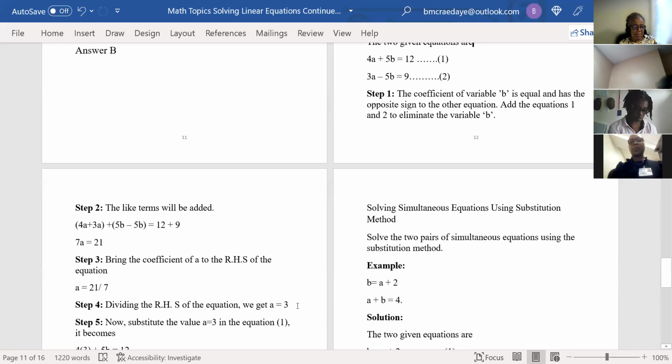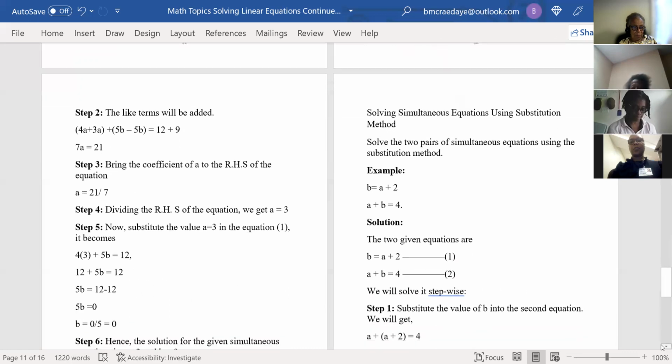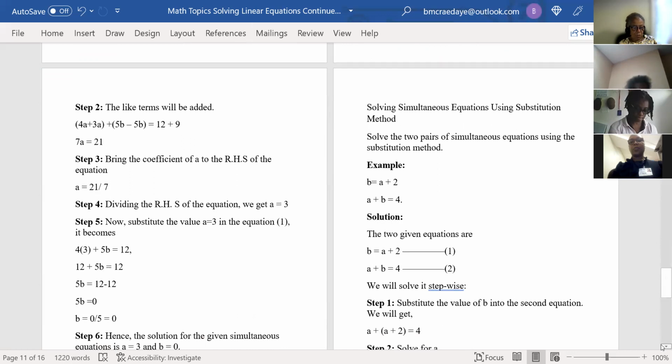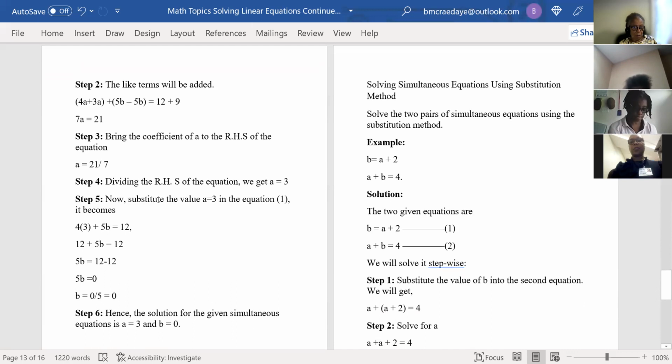Now we can take that a is 3, substitute it back in this equation, and 4 times 3 is 12, and we have 5b. So we solve for a, now we can solve for b, and we get b is 0. So that's the solution for that one using the elimination method. A is 3 and B is 0.